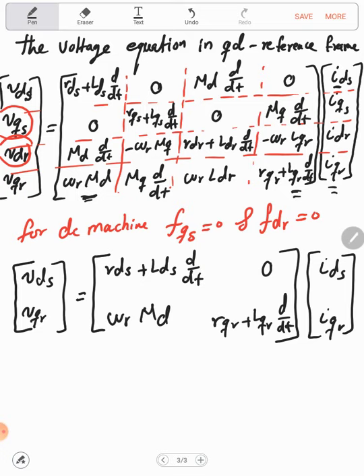Now, you know that if we have the voltage equation in the QD reference frame, we can find the torque. We can find the expression of the torque from the power balance. Here, because we are not using an actual transformation, there's no factor of 3/2.